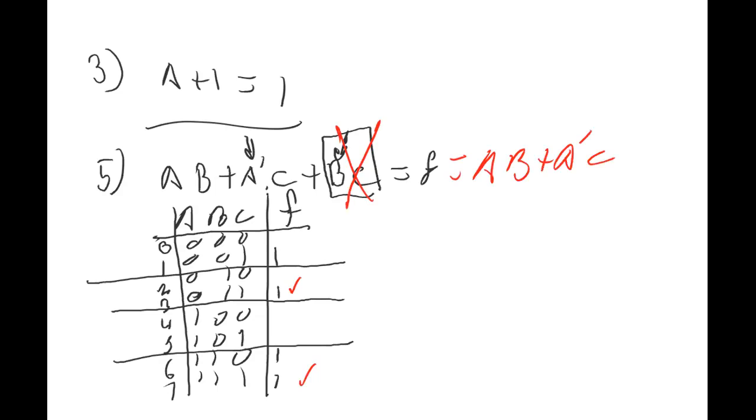So by filling out the truth table, you can see which product term, and these are all product terms, contributed to the truth table. And if a product term does not contribute to the truth table, it's a redundant product term and can be removed. That will give you a more minimal form.